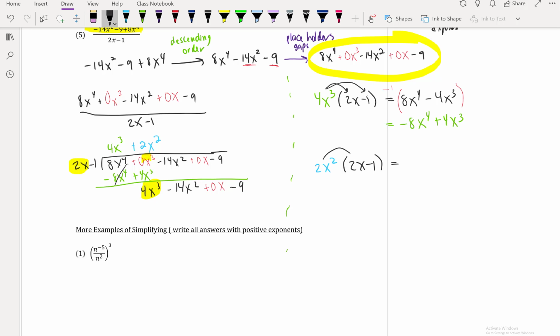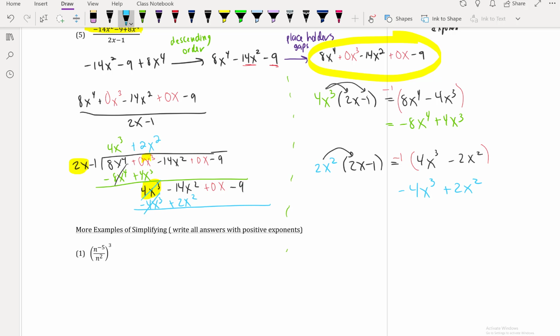So when I multiply that out, I'll get a 4x cubed minus 2x squared. Now I'm going to multiply everything by a negative 1. So I end up with a negative 4x cubed plus 2x squared.